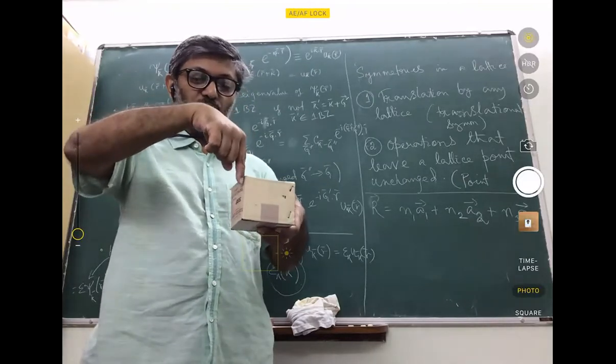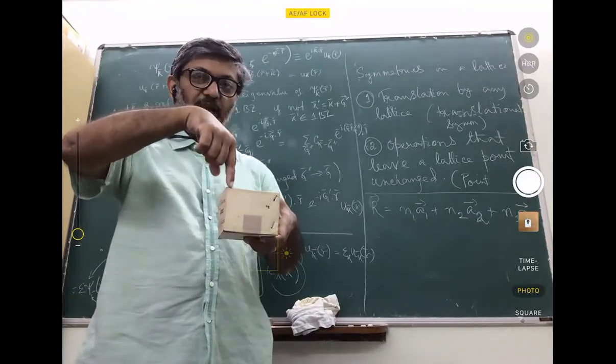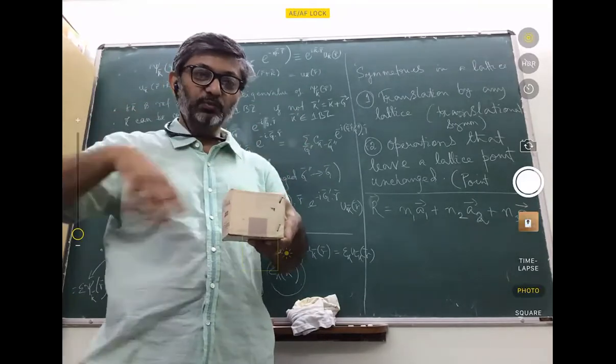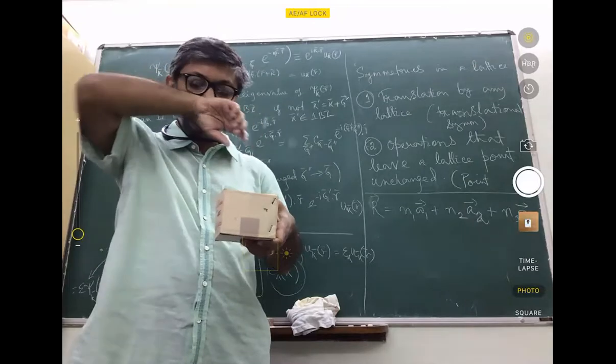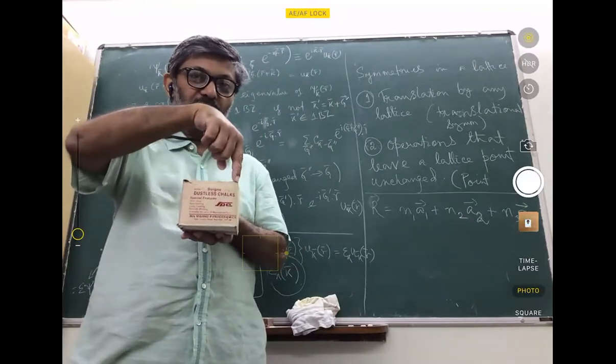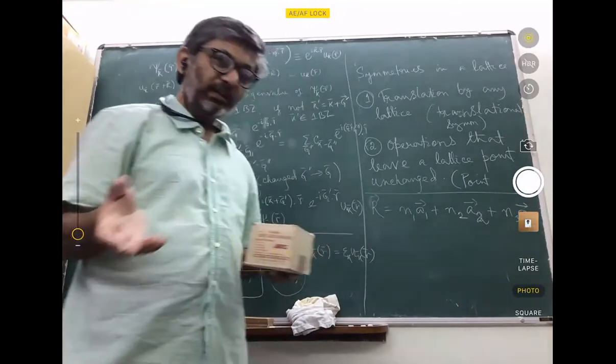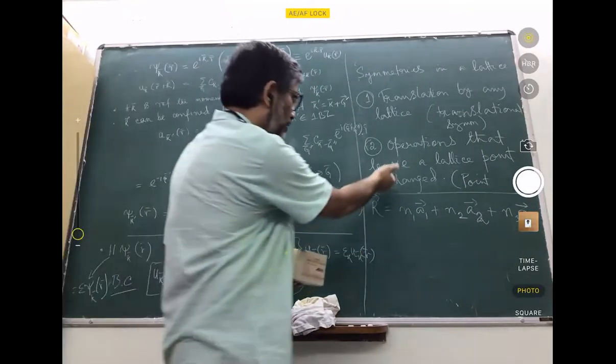There are an infinite number of lattice points along this line, and there are cubes all around it. So it's a cubic lattice. And then if I rotate this by 90 degrees around this axis, the lattice gets mapped onto itself. So that's an example of this kind of an operation.